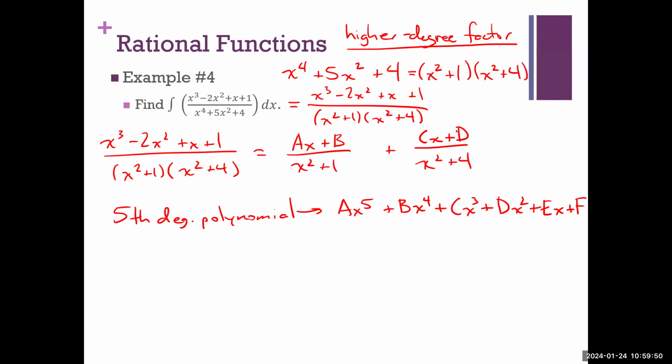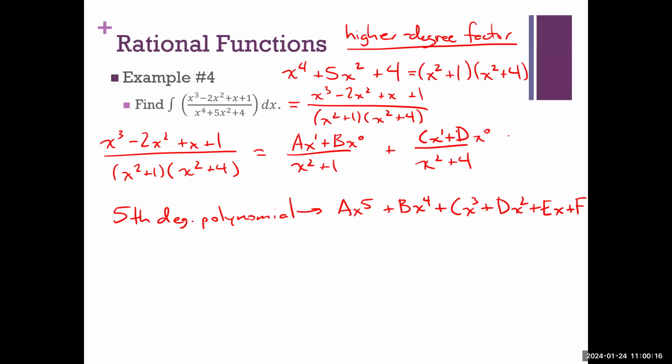Because I can't be certain about which ones exist and which ones don't, I have to allow for the fact that there has to be an x term in these first degree numerators, but there also might be terms that have a power of x to the 0. So this is x to the 1, x to the 0, x to the 1, x to the 0.